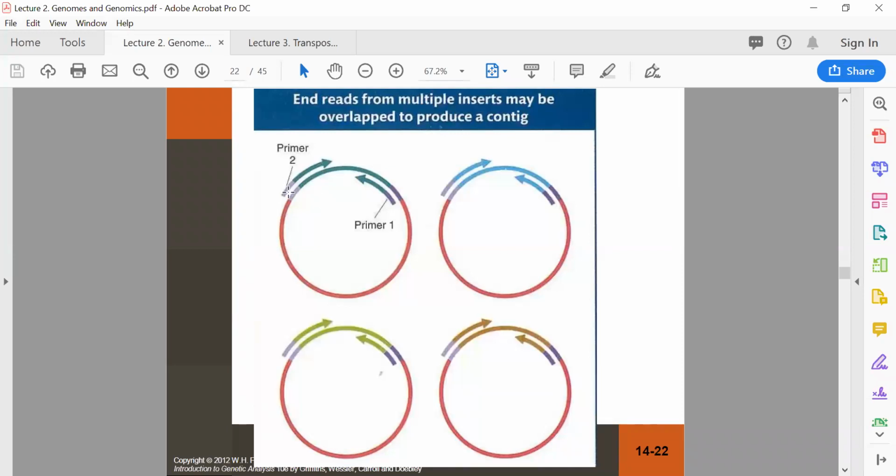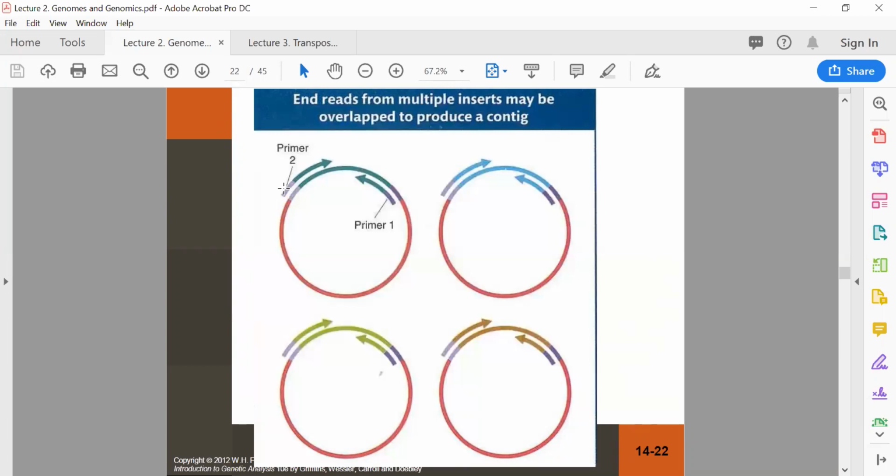So the primers are designed to bind to the complementary DNA in the plasmid vector itself, because we know exactly what the sequence of the vector is. So you can see this primer here will bind to complementary DNA sequence here.